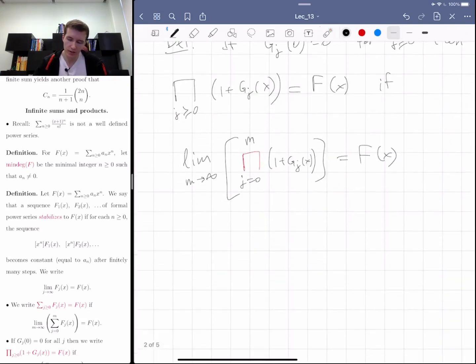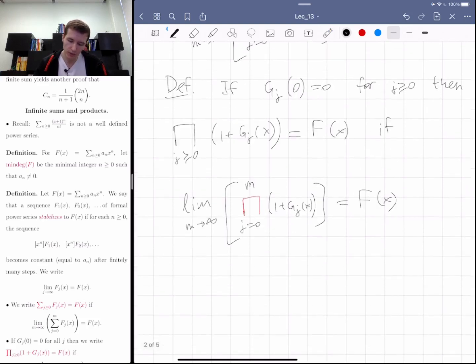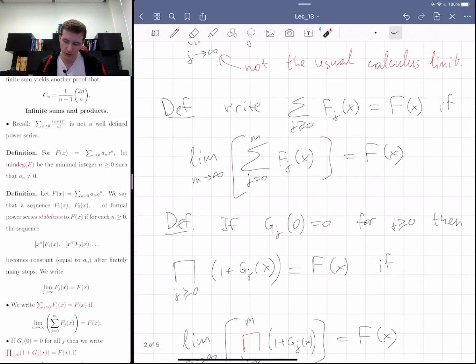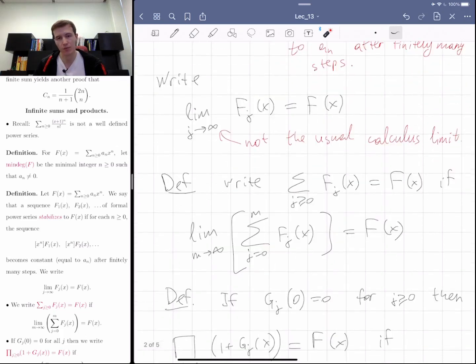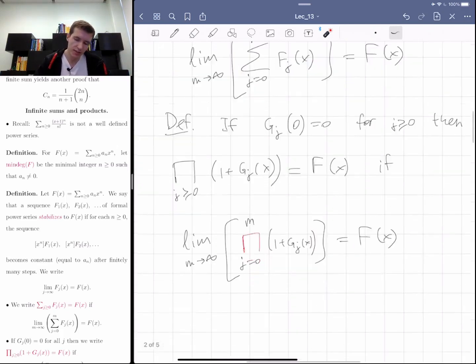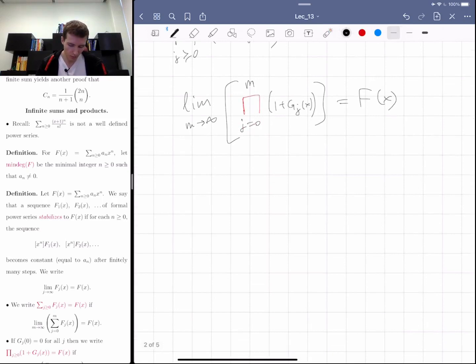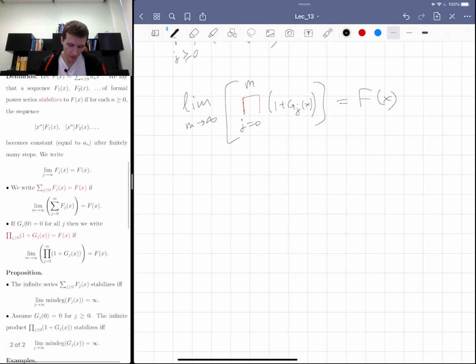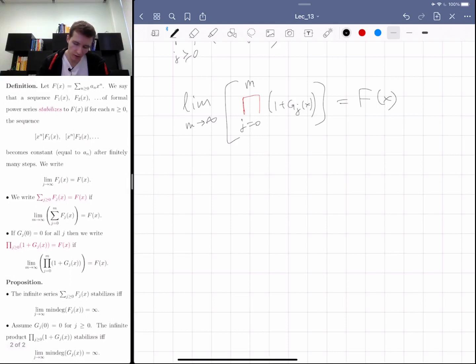Okay, so you may ask, how do I check, if you give me some infinite sum, that it stabilizes to f of x? That seems like a lot of work. You have to compute all these infinitely many coefficients. So here's an easy criterion to make sure that an infinite sum and an infinite product stabilize to something. I'm not even going to tell you what f of x is.